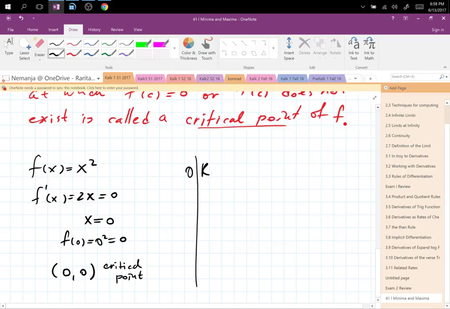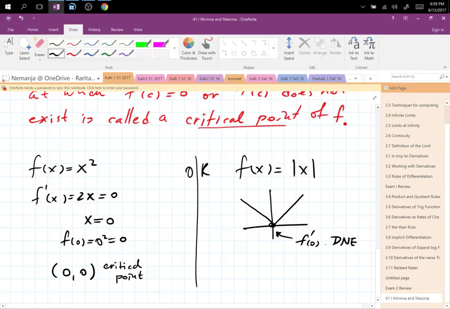Or you have f of x equals absolute value of x. If you draw the graph, you quickly see that at (0, 0) there is no derivative. F prime does not exist.